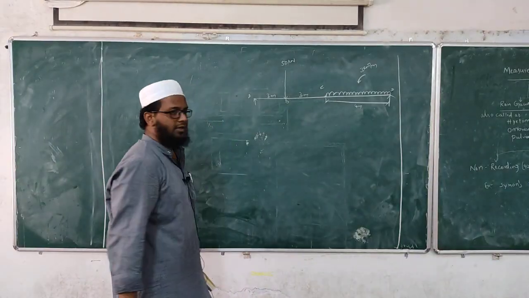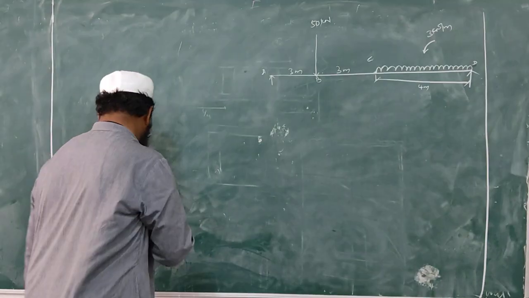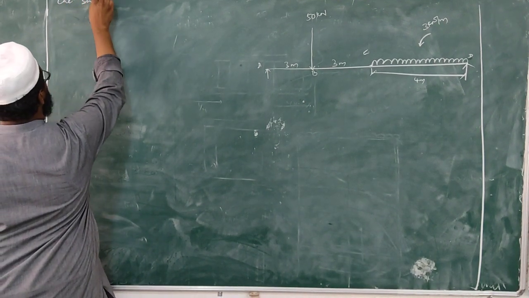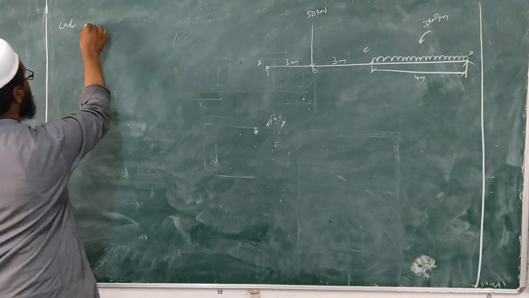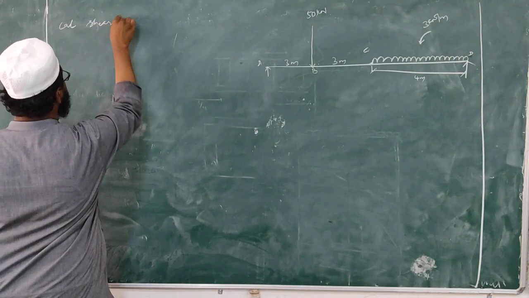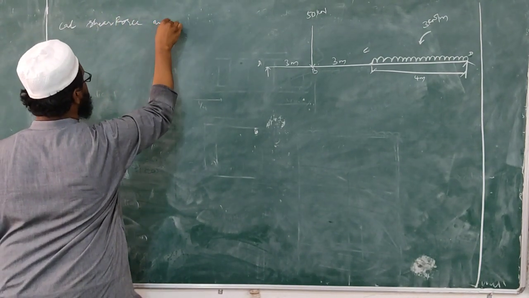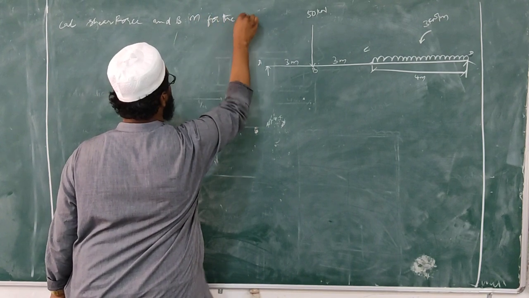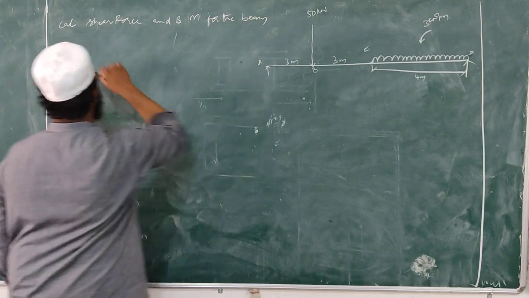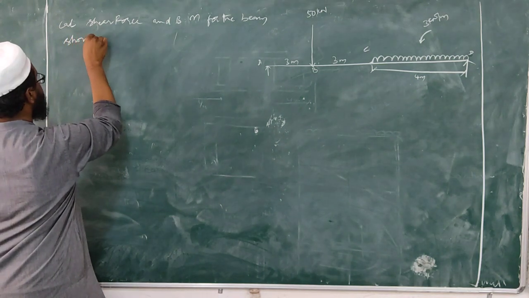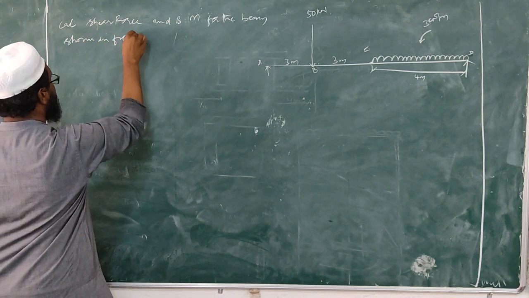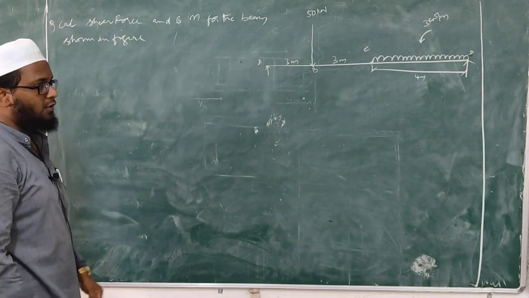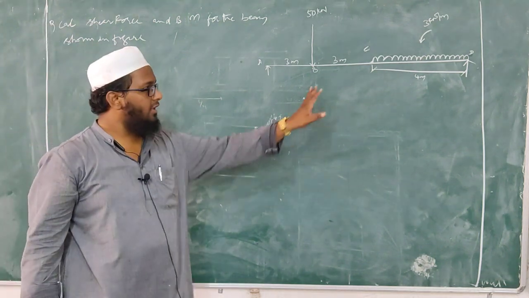So what will happen to the reactions? We have to calculate shear force and bending moment for the beam shown in the figure, so we have to draw the shear force and bending moment diagrams for the given beam.